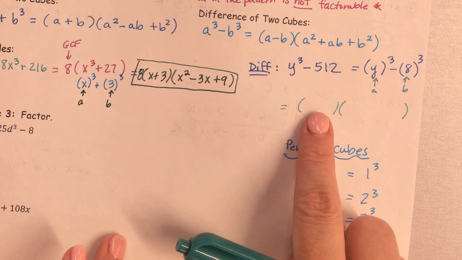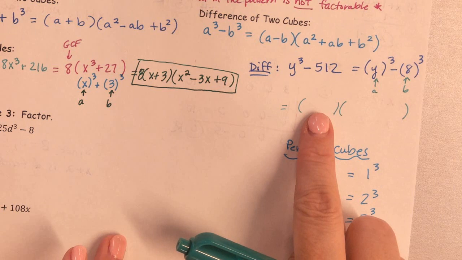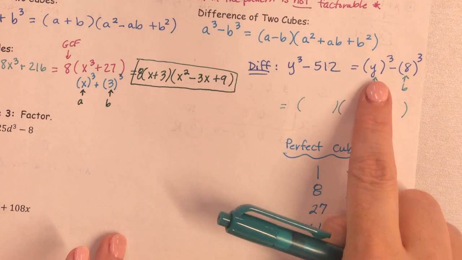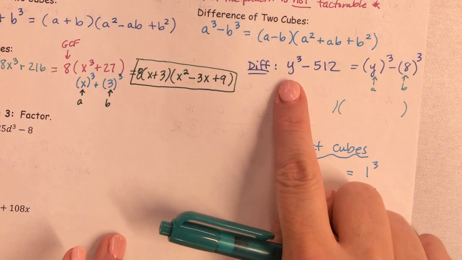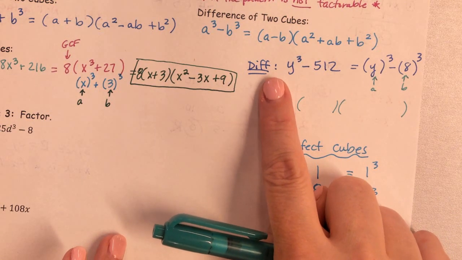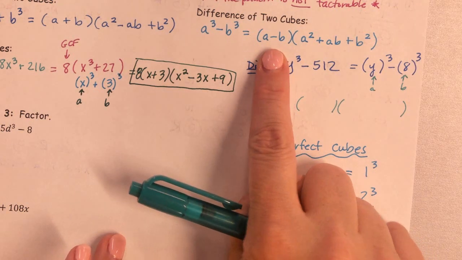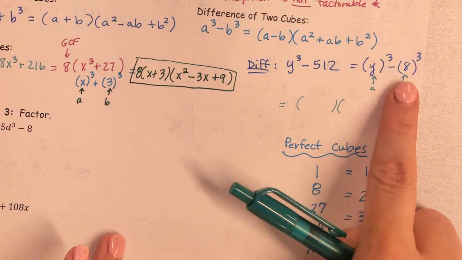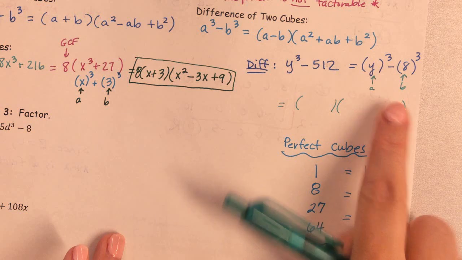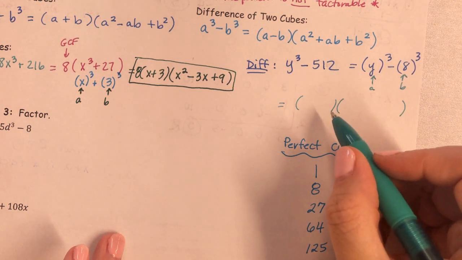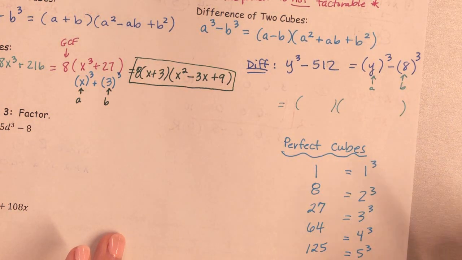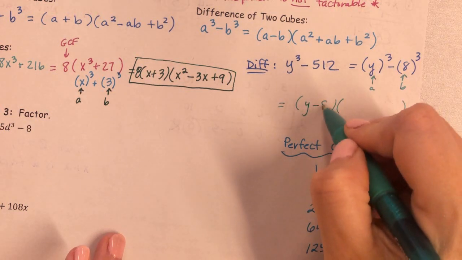Tell me how you're getting it. Greatest common factor. Oh, okay, so for this one, you won't have a GCF because you can't take anything out of the first one. So your pattern is just going to be your A minus B. And in this case, your A is Y and your B is 8. So in the front, do you know what it'll be now? Y minus 8. Yep. Good.